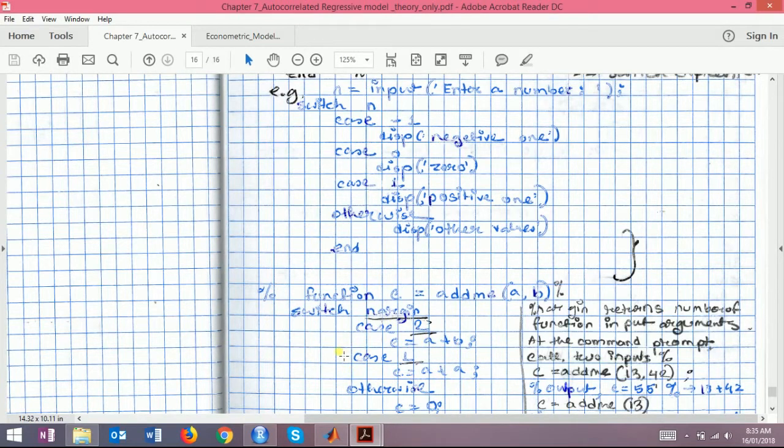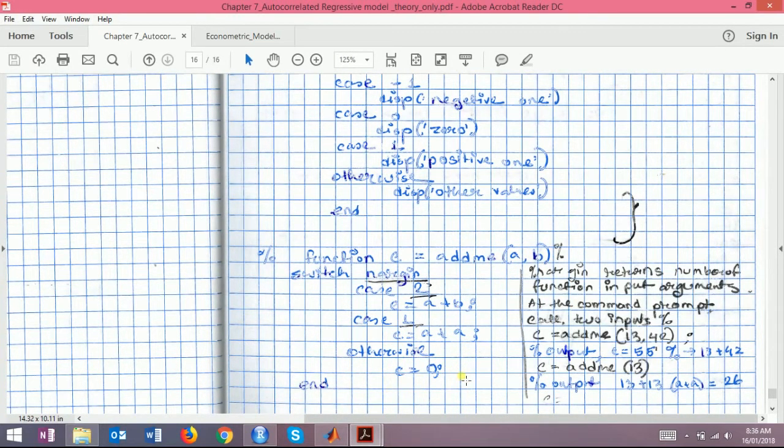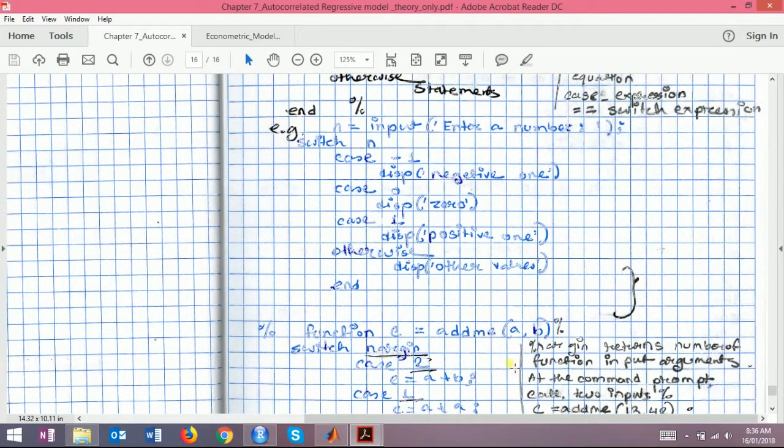For case 1, if you input one variable, it will add the same variable twice, otherwise it will give you 0. If you don't give any inputs, it will give you 0. So basically it takes nargin and applies it on A and B in the addme function.